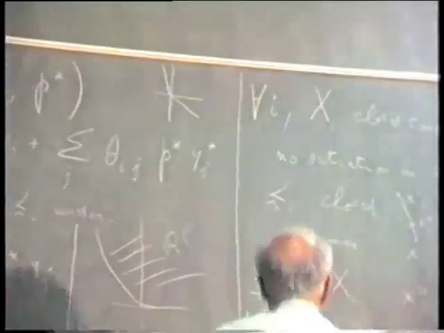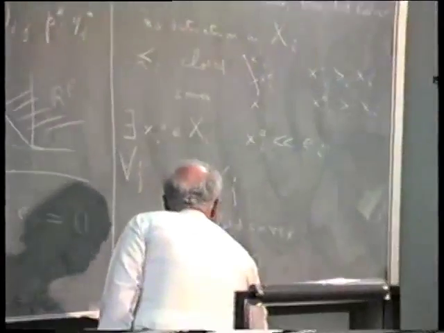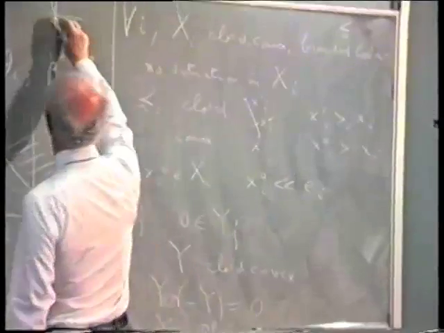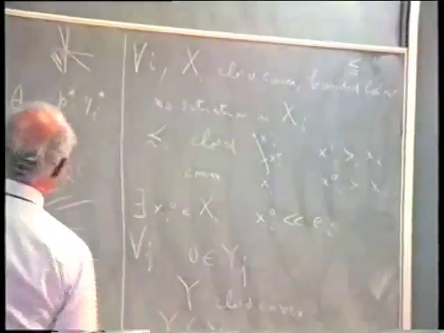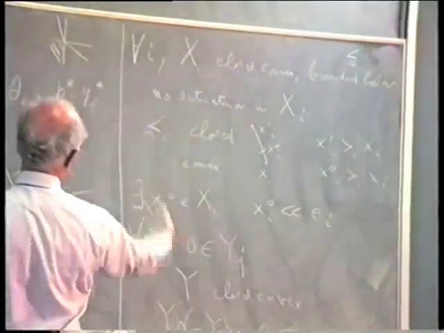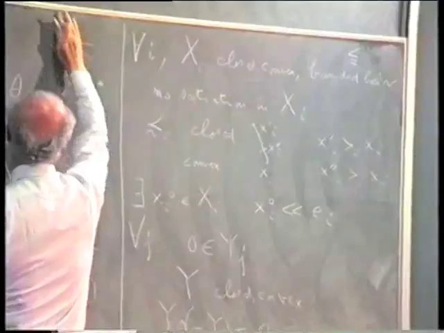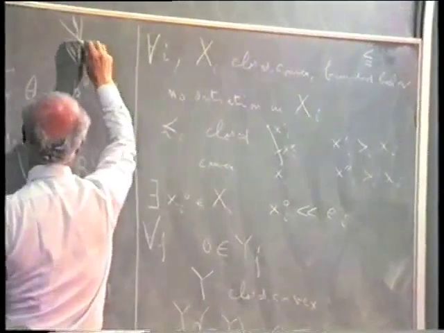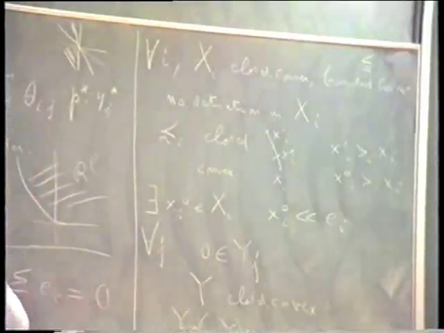And finally, you assume that Y contains R^L minus, R^L minus being this. Here of course the set would not be convex, let me redraw it to make it convex. So it would contain it, like this. I think my list of assumptions is complete.